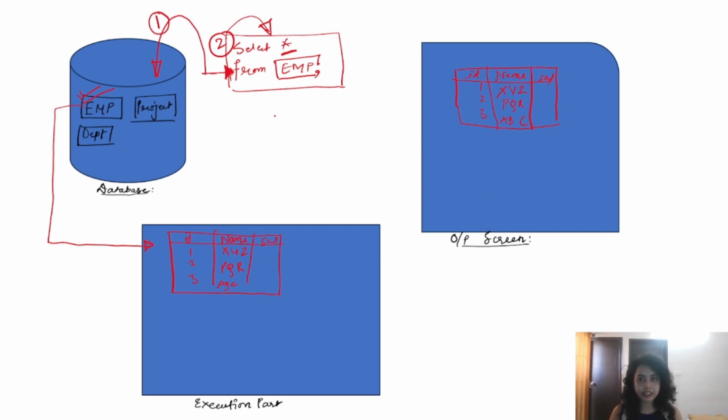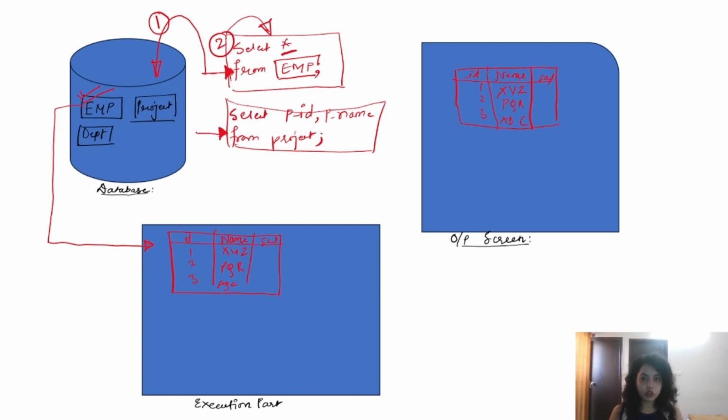Now suppose I say select project ID and project name columns from the project table. As soon as I execute this, what will happen? The order of execution will start from the from clause.